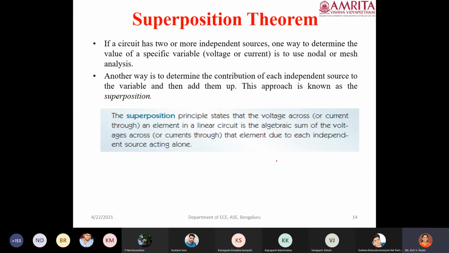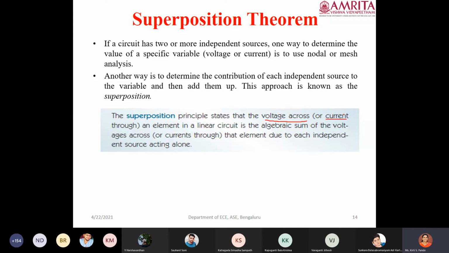Now let's look at what the statement says. The principle states that you can find a voltage across an element or a current through an element in a circuit as an algebraic sum of voltages or currents. If you are finding voltages, then it is a sum of voltages.